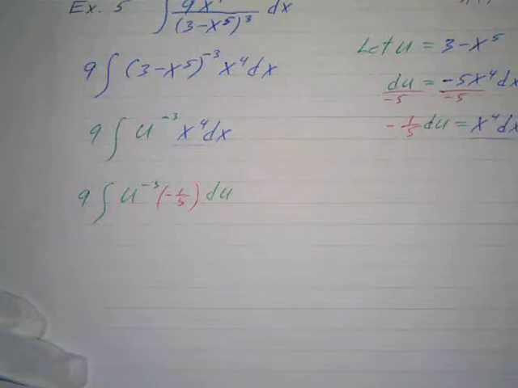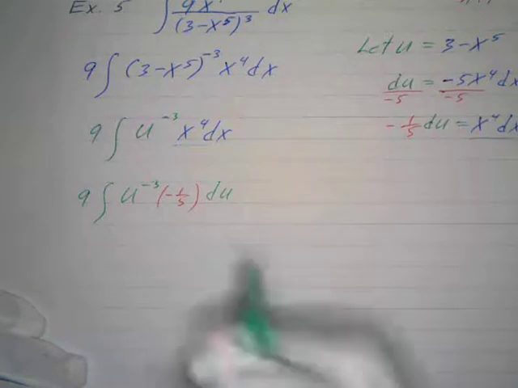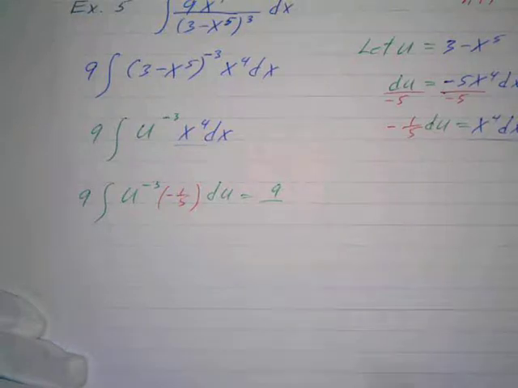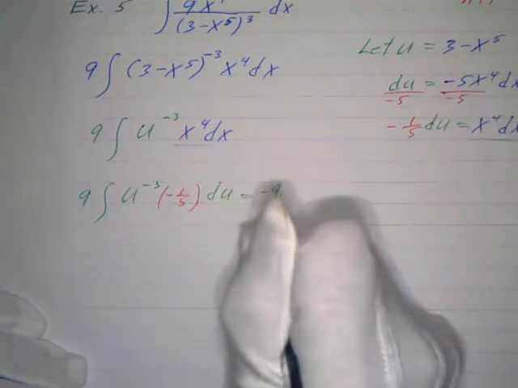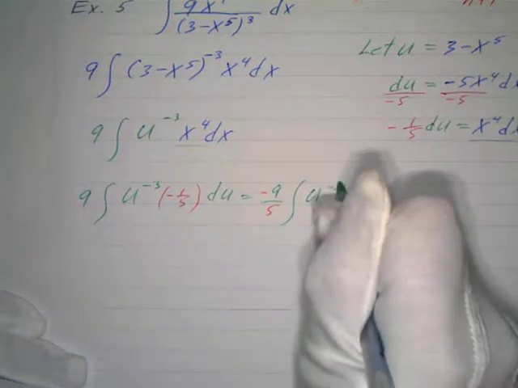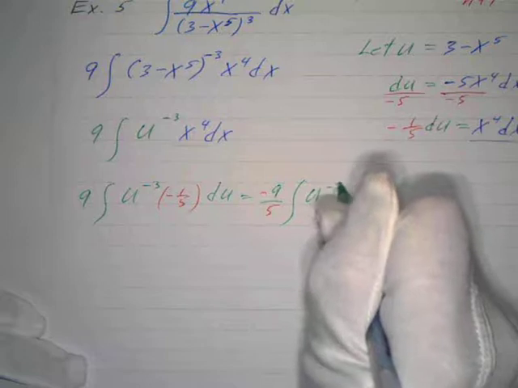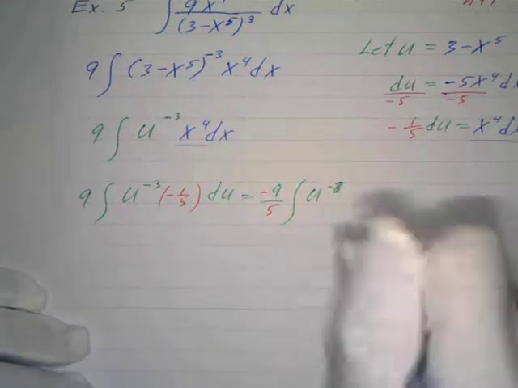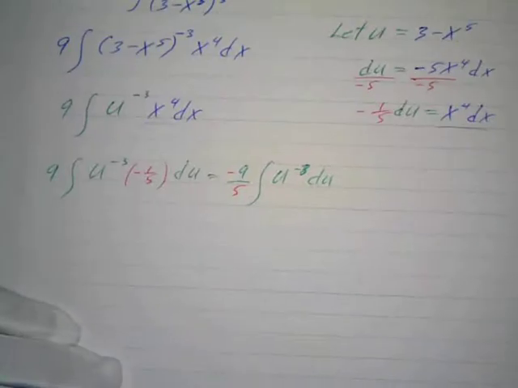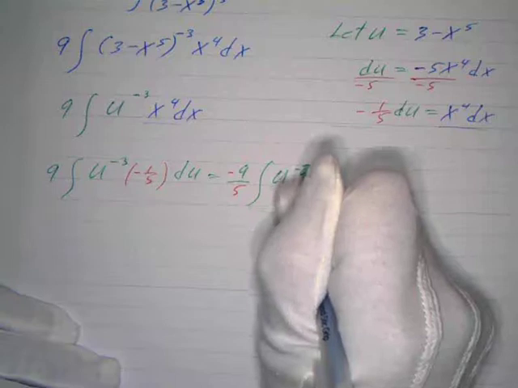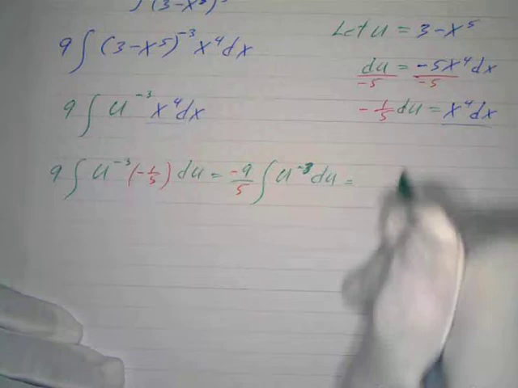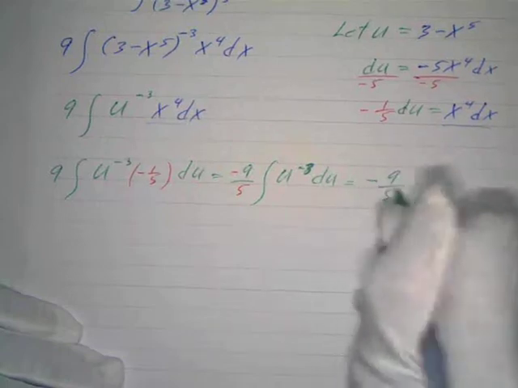We just have to pull that negative 1/5 out in front, so we can write this as 9 divided by negative 5, putting the 5 in the bottom, times the integral of u to the minus 3 du. And now we're ready to take the antiderivative. Sorry about my penmanship there.